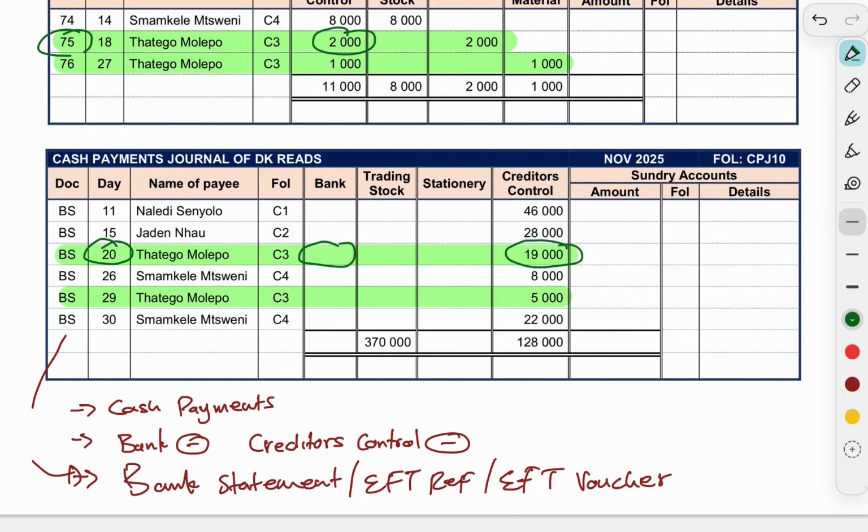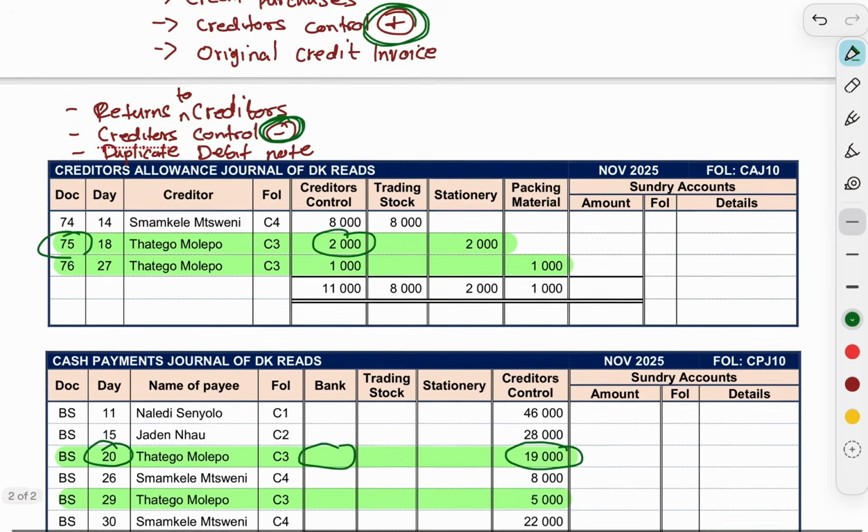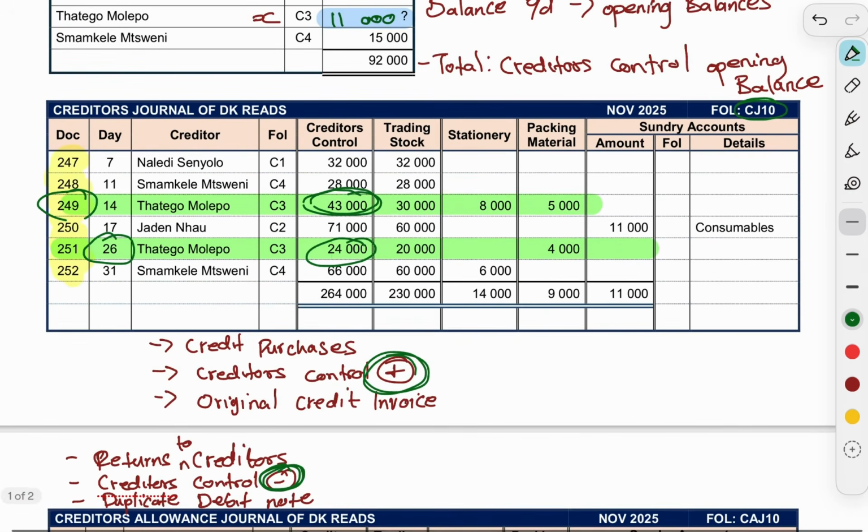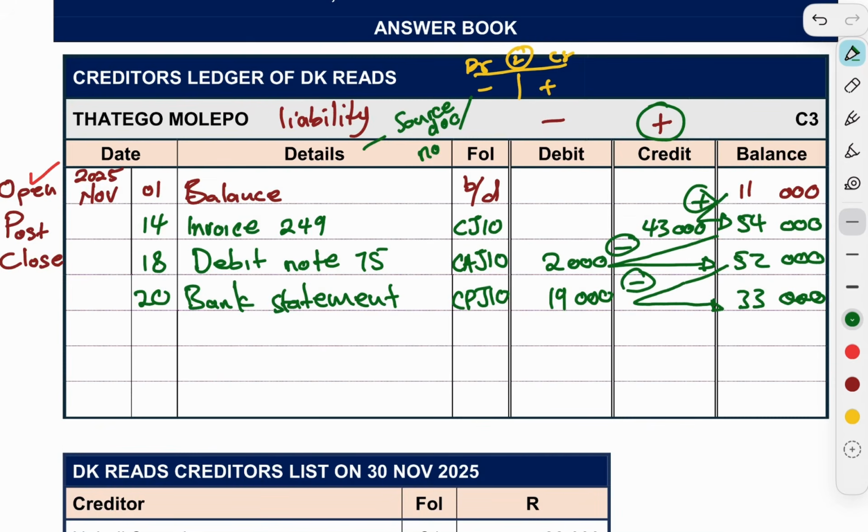Okay, so moving on, we are still on day 26. Day 26, we made a purchase from Thategô Molepo of 24,000, invoice number 251. So let's go back. Day 26, invoice number 251, CJ number 10.